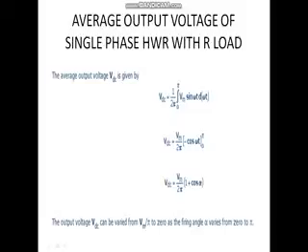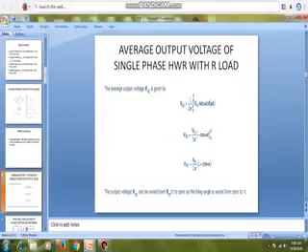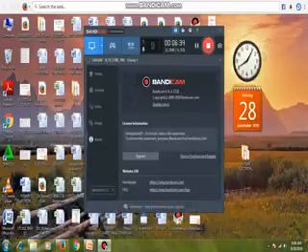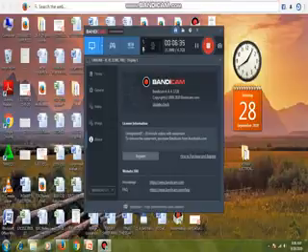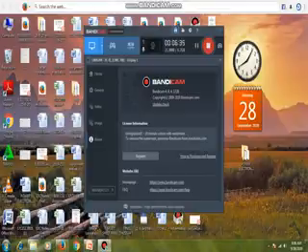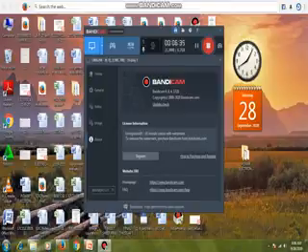Vm is constant, so take it out: Vm by 2 pi, minus cos omega t, with limits alpha to pi. Solving this equation, the final output is VDC equal to Vm by 2 pi times (1 plus cos alpha). So this is the average output voltage of the rectifier.